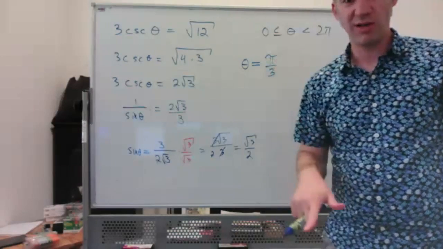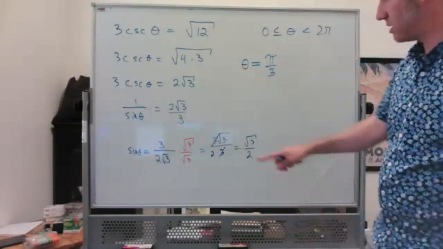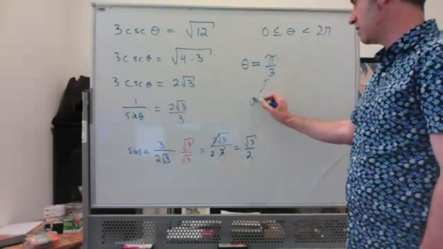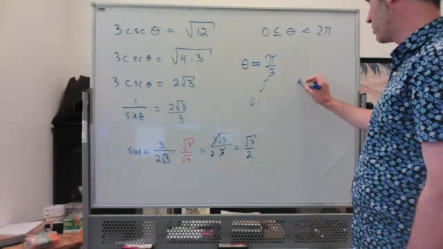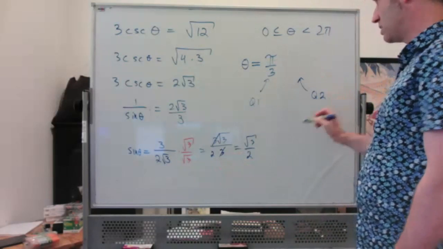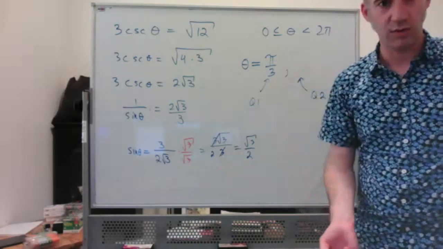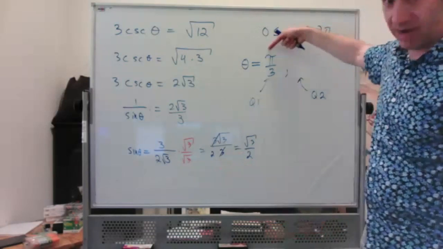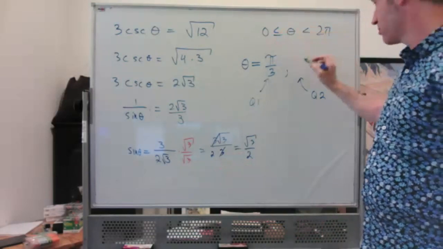But then there's also an angle in, well, I want sine to be positive. So I know I also need an answer that is in quadrant 2, because sine is still positive in quadrant 2. So it's going to be the angle in quadrant 2 that has pi over 3 as its reference angle.